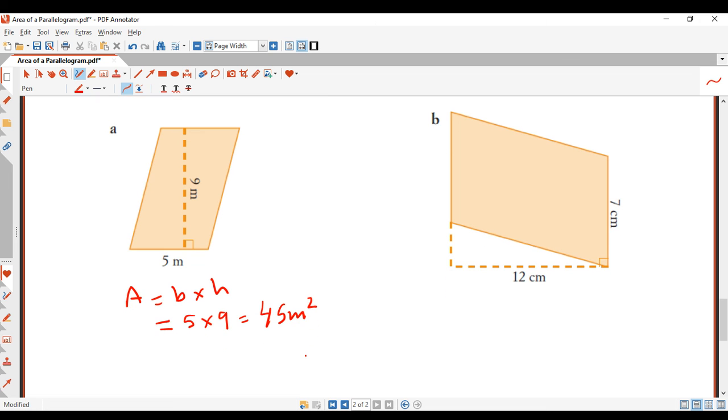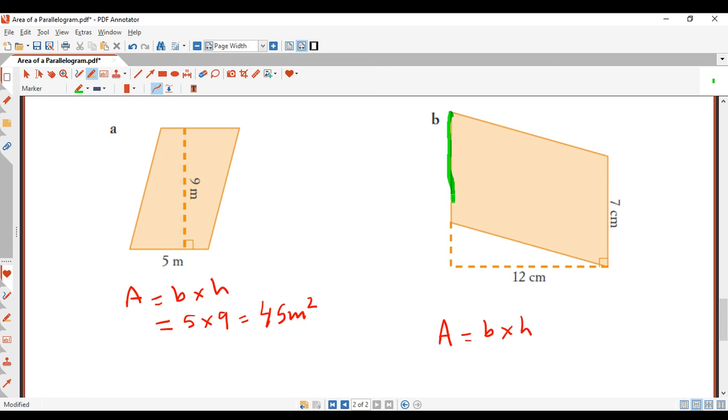Now, what about this one? This is also a parallelogram. That dotted line, by the way, is not part of the parallelogram. I'll just trace it out for you.